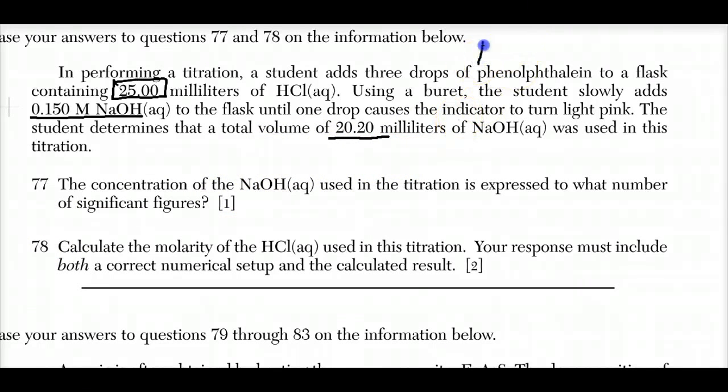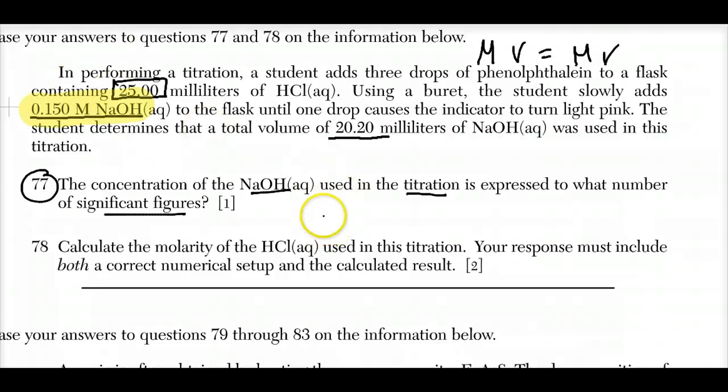So I know that I'm going to be pulling this formula somewhere, somehow. But in this question, the concentration of the base used in the titration is expressed to what number of significant figures? So all they're saying is, how many significant figures are in this number? That's all.